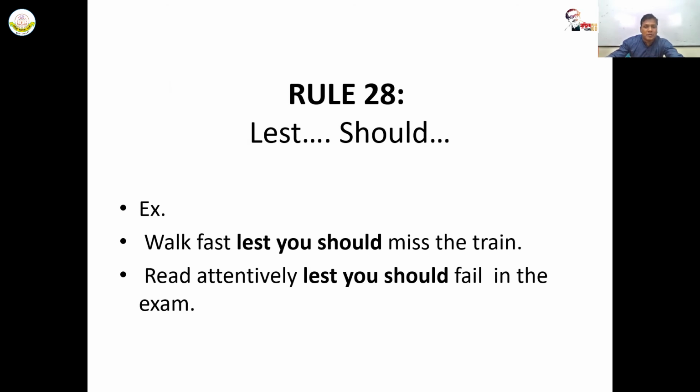I suggest you learn this carefully because this structure commonly comes in completing sentences. Read attentively, lest dot dot dot. So you have to take a subject and must use should.